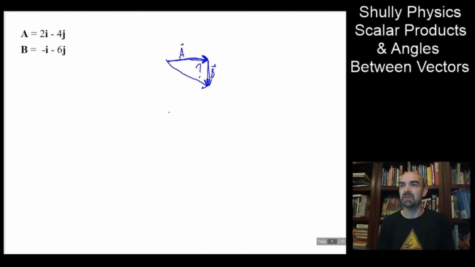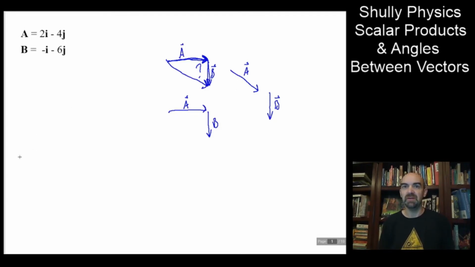Now, what if we multiplied the perpendicular components of A and B? A and B are both exactly perpendicular with one another. So let's get into a situation where A has both parallel and perpendicular components to B. Now we can start looking at both.